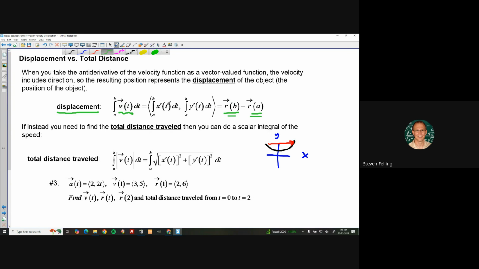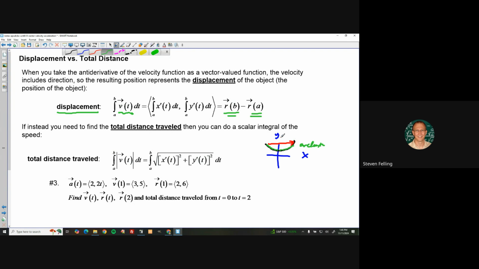But if instead you want to know the distance traveled along the path, that's an arc length. So you're essentially using the arc length formula, the integral from a to b of the square root of the x derivative squared plus the y derivative squared. It's the parametric form arc length equation, although this is also the magnitude of the velocity vector. So you can also think of that arc length as summing up all the little magnitudes of the velocity vectors.